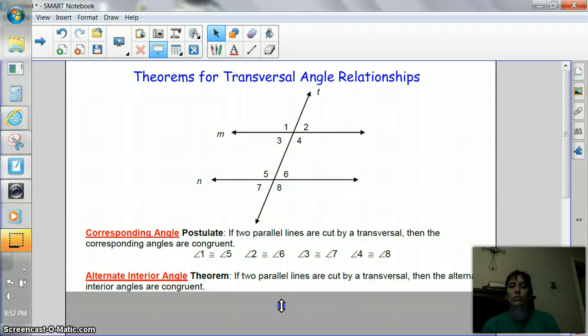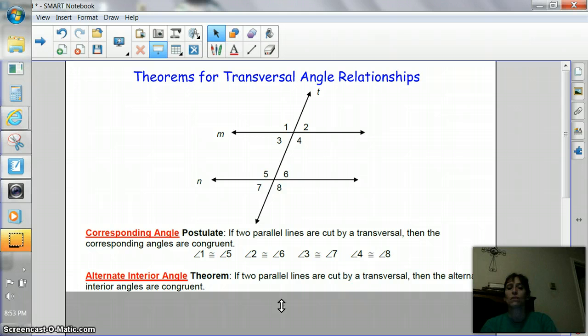Okay, the next one is alternate interior angles. It says if two parallel lines are cut by a transversal, then the alternate interior angles are congruent. Now, think about this. You know that a conditional statement has to have an if and a then section, a hypothesis and a conclusion, for it to be a conditional statement.